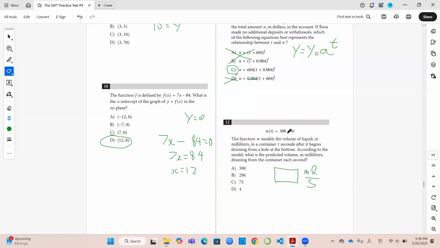As you can see here, you have a -4, right? So my conclusion is that for every second, 4 milliliters of water is drained. So the answer choice D as in David is correct for question 12.